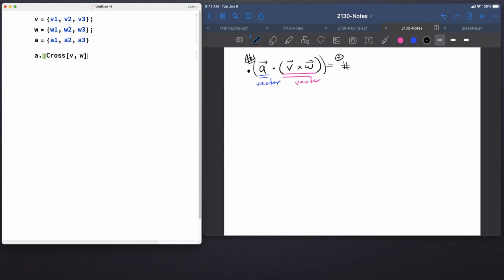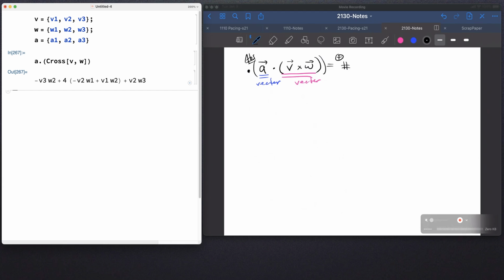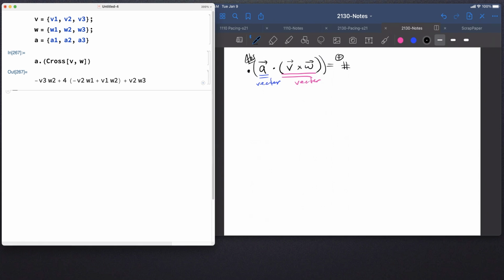And we will get this rather long, complicated expression. Well, I thought it was going to be longer than that. Let me see, the computer is remembering A from earlier. I don't want to take the moment to clear the computer's memory.